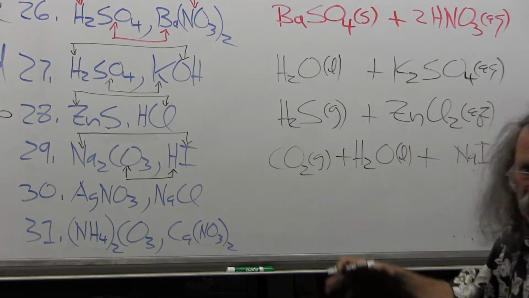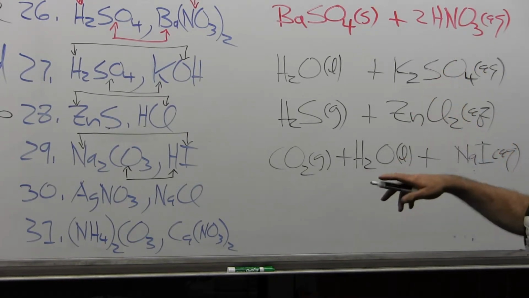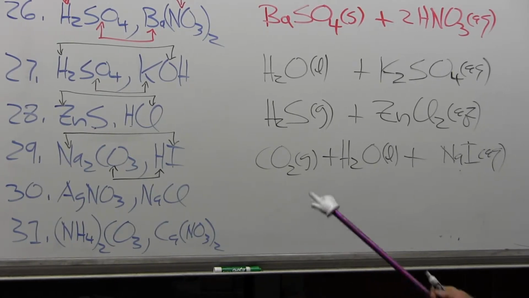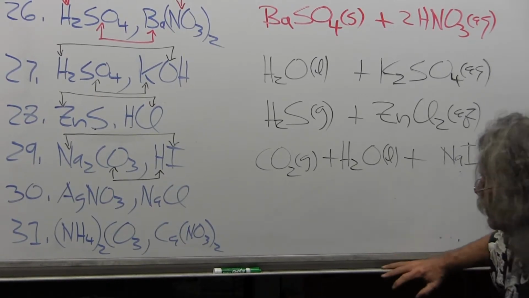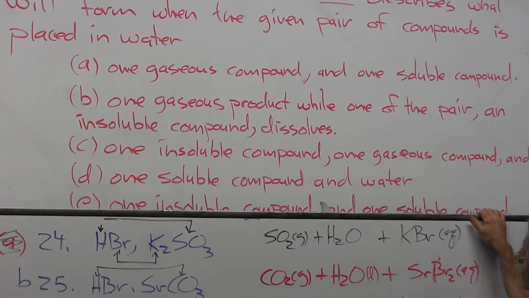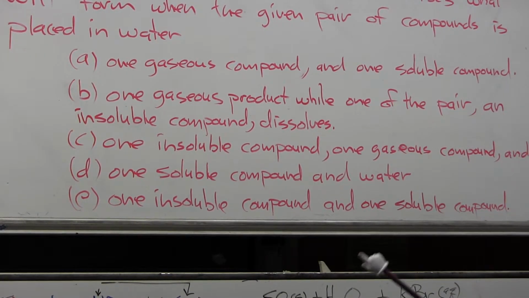We're not balancing these. This is scratch paper stuff over here. But I've got enough information to now answer the question. I've got a gaseous product and a soluble compound and water.